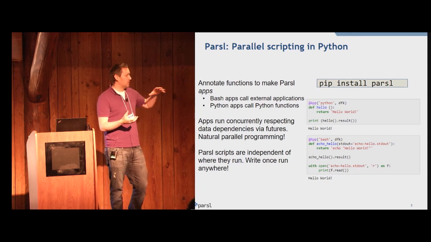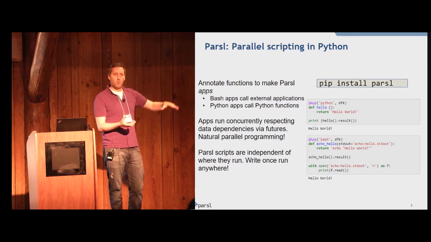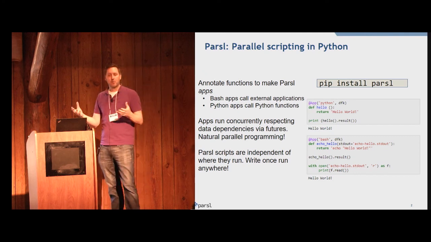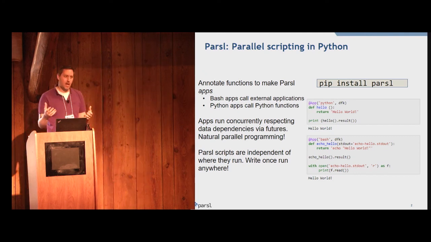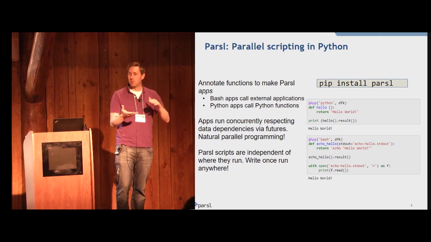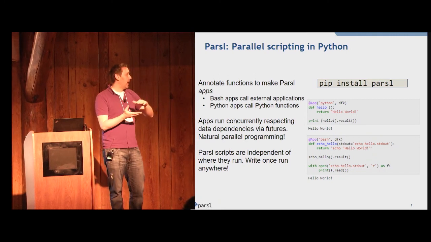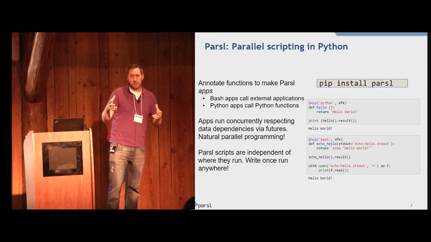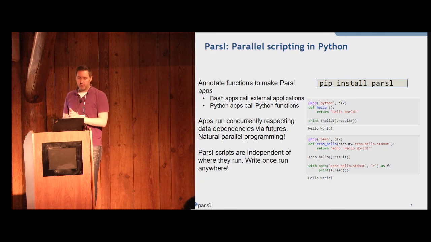Once you've defined these apps, the control logic, the rest of the Python script, every call to one of these apps will basically decompose that into a graph, working out what the dependencies are between those calls. So assuming that there's no data dependency between two apps, they can basically execute in parallel. They can execute concurrently, respecting these data dependencies that we create between them.